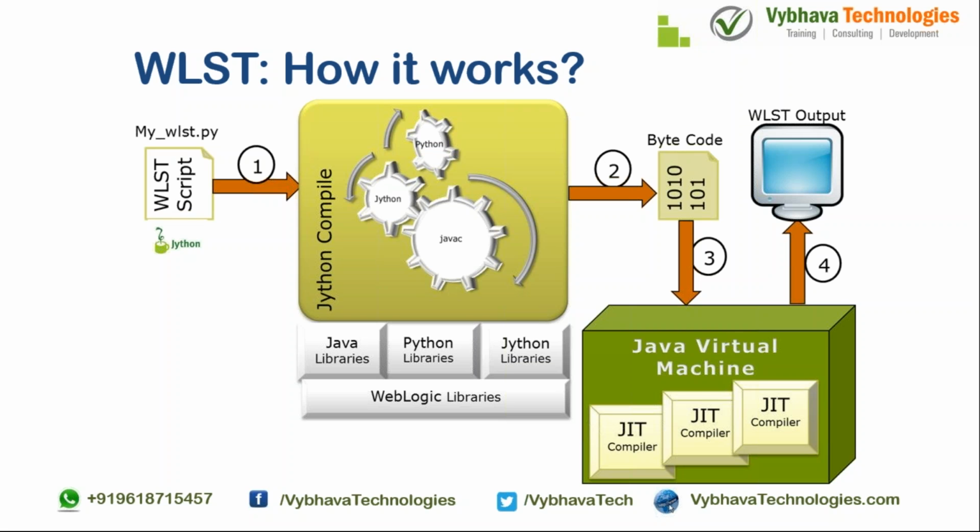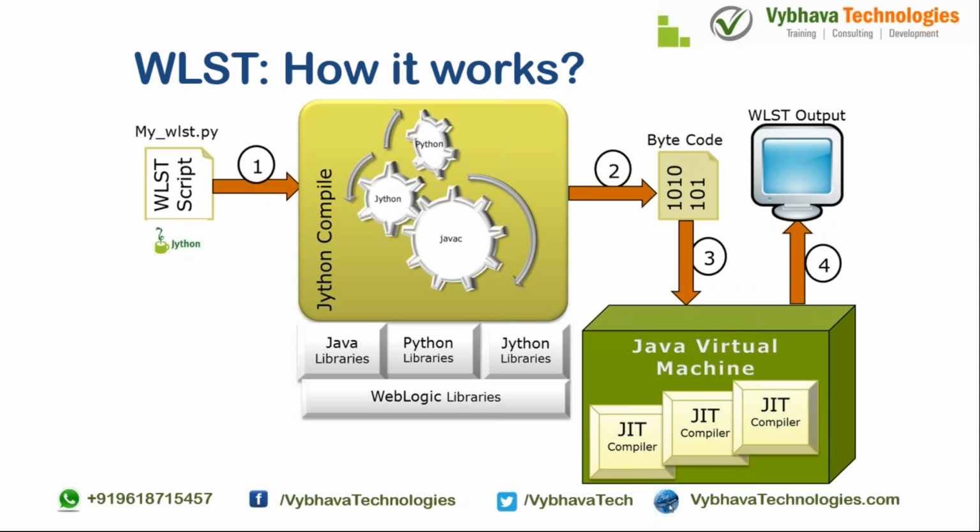Then the program's set of commands is converted with different library references, and it gives bytecode because it has to run on the JVM. If it is a Java program, we compile it and then run it. But here it is an interpreter script. So whenever you give the script for execution, first it is converted into bytecode.